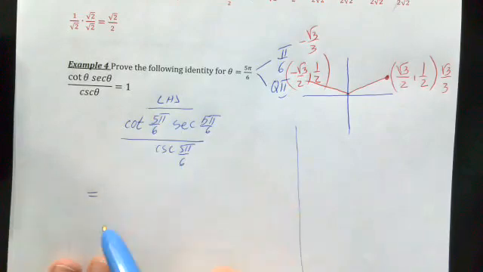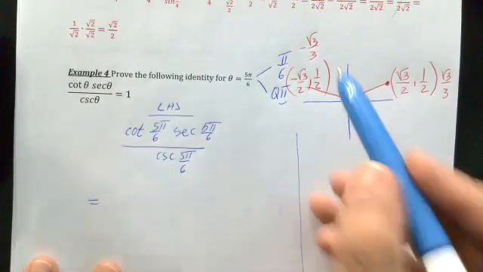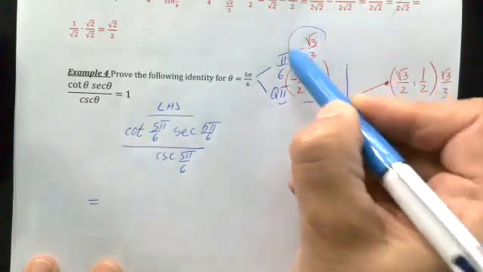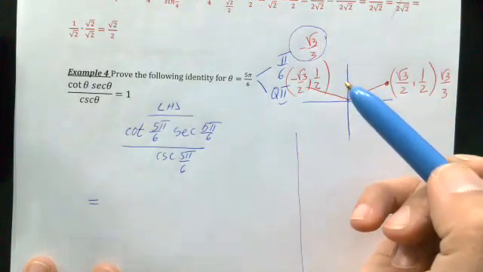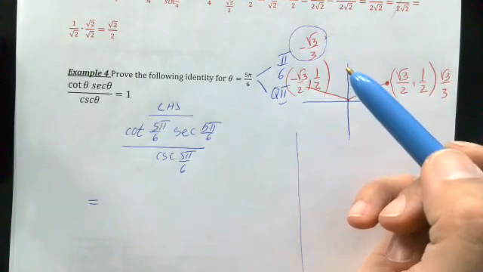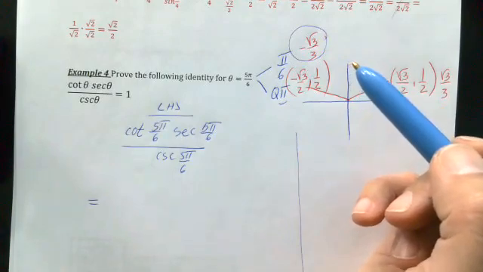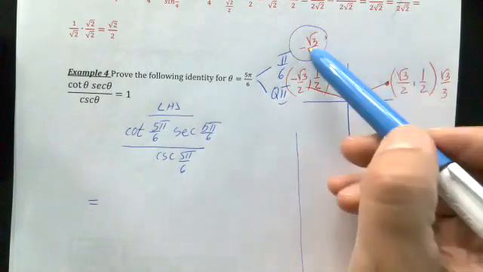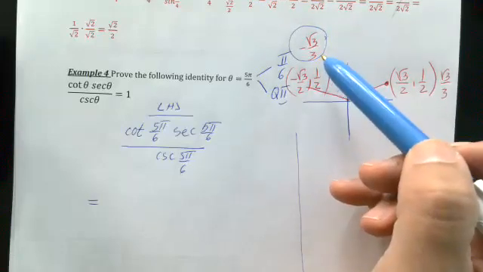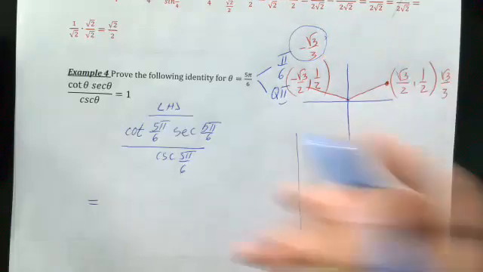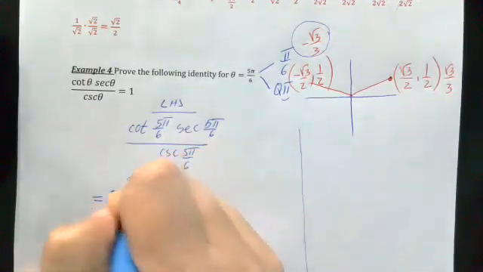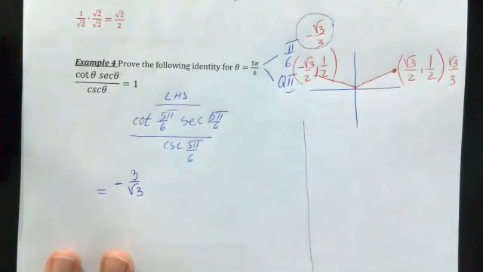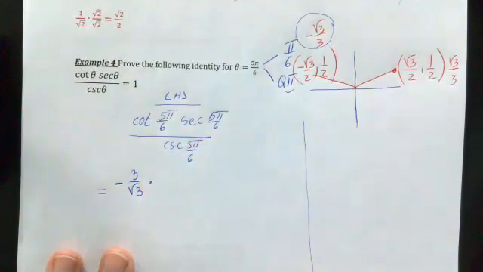Cotangent of 5 pi over 6. So cotangent would be the reciprocal of that. So just flip that upside down. Don't go to 1 over unless you really need to, because you don't remember how to do it, right? 1 over this fraction just flips the fraction upside down, okay? So it's still negative, because we're in quadrant 2, 3 over square root of 3. Secant.